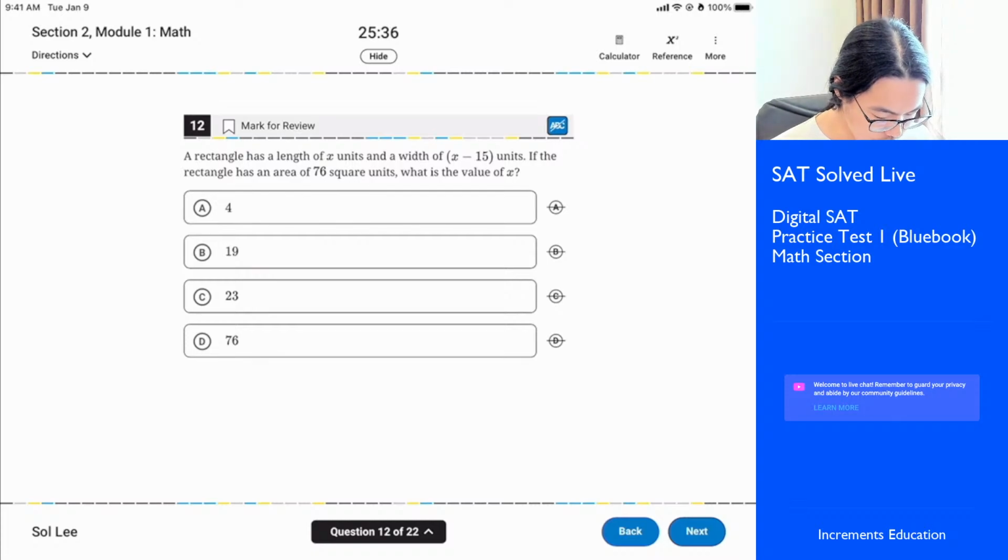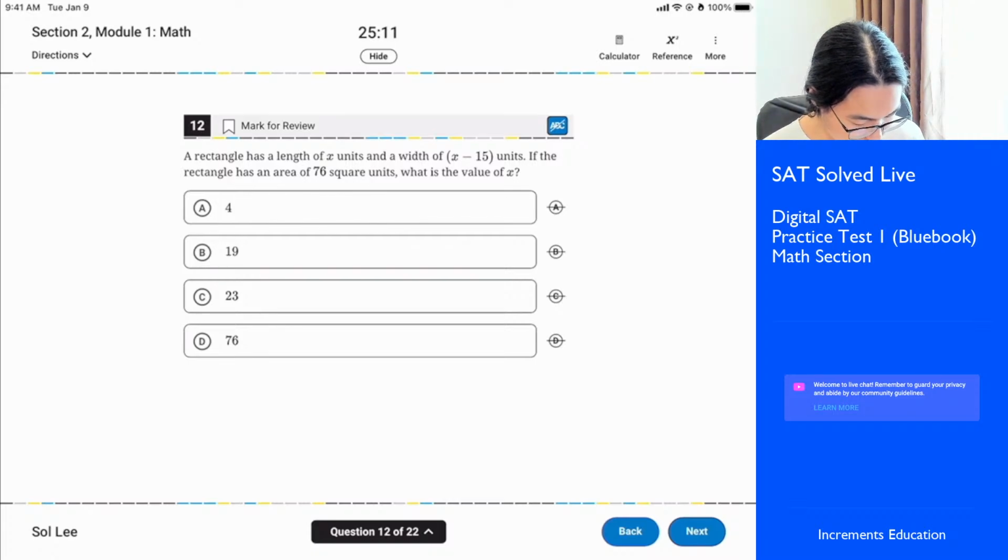Okay, a rectangle has a length of x units and a width of x minus 15. Okay, sure. So one side is 15 smaller than the other. If the rectangle has 76, so x squared minus 15x is equal to 76.